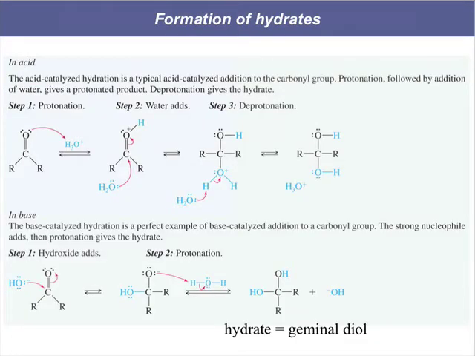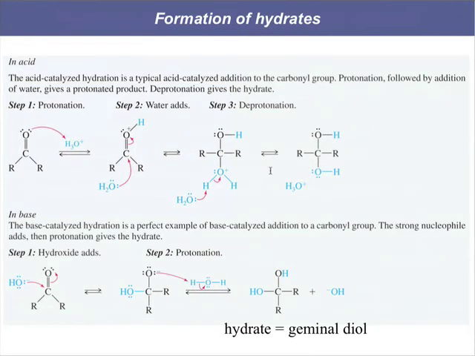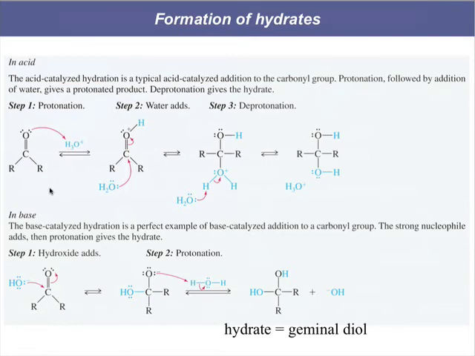Ketones and aldehydes are closely related to a type of functional group called a hydrate. A hydrate is essentially a geminal diol, that is to say, a carbon that contains 2 alcohols on the same carbon. They are related to the hydrate in the sense that there is a near 50-50 equilibrium with the hydrate and the ketone or carbonyl.